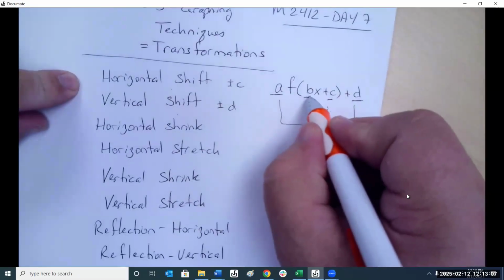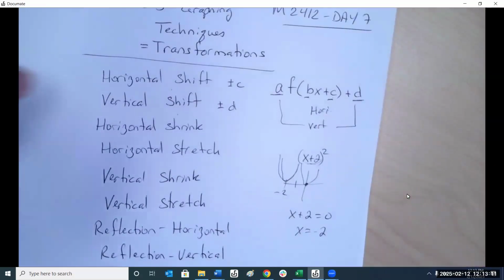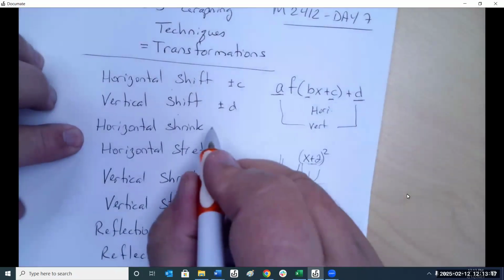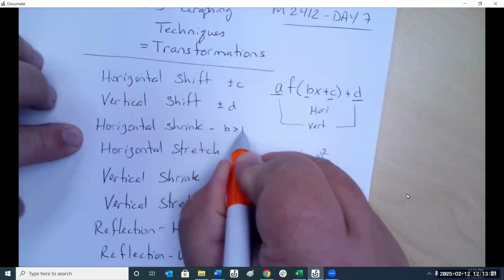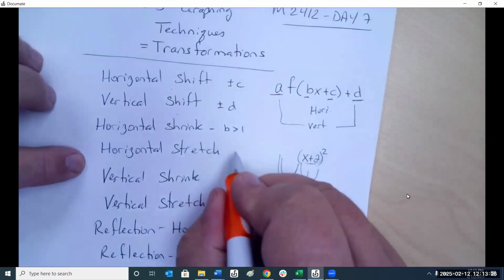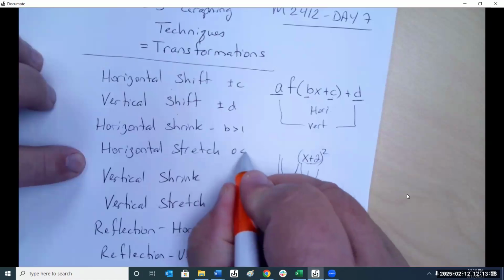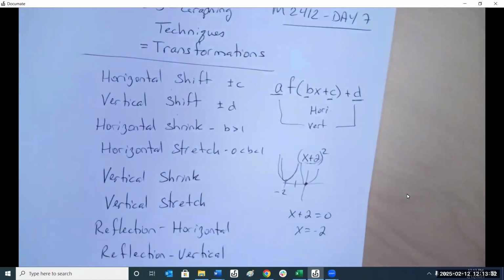What does B do? B is the value that takes care of, since it's horizontal, inside, the horizontal shrink and stretch. Horizontal shrink: if B is greater than 1, it'll shrink. If B is between 0 and 1, it'll stretch. If B is a fraction, that means it's a horizontal stretch.